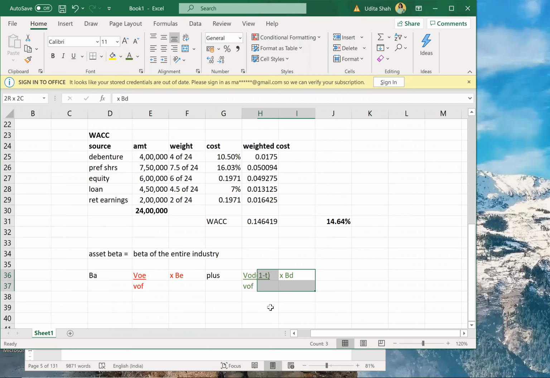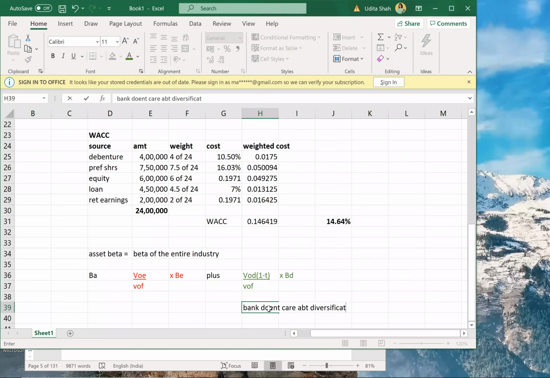Bank does not care where we are going to invest. The bank does not care about diversification. So the change in beta of debt is negligible.